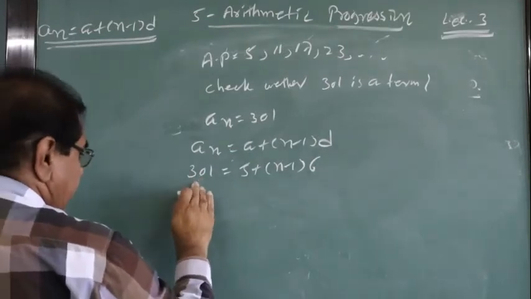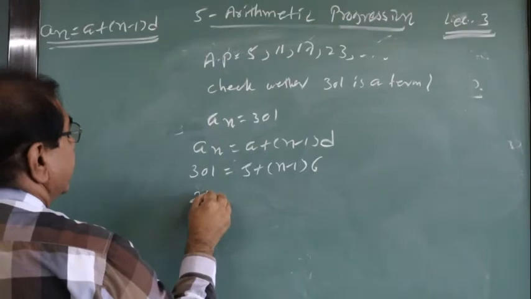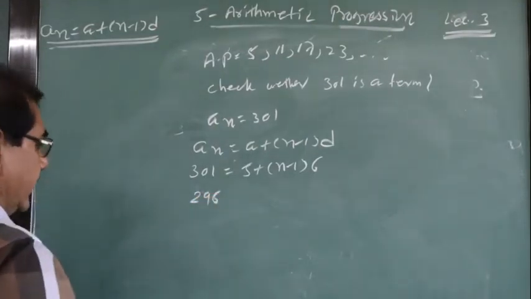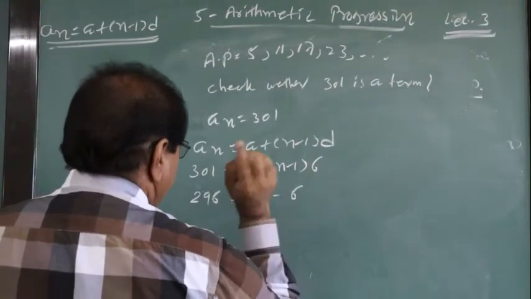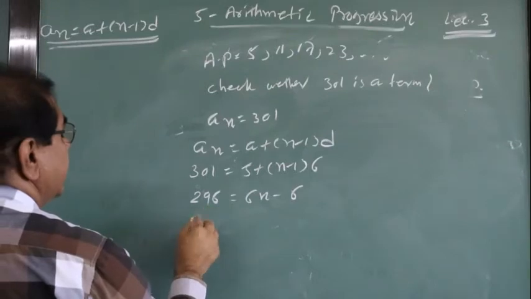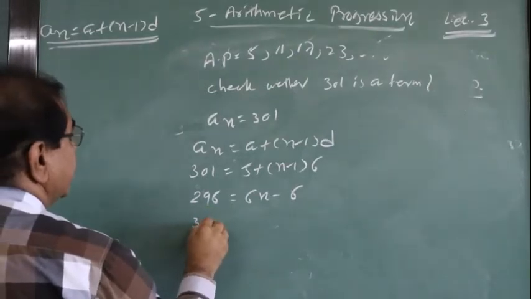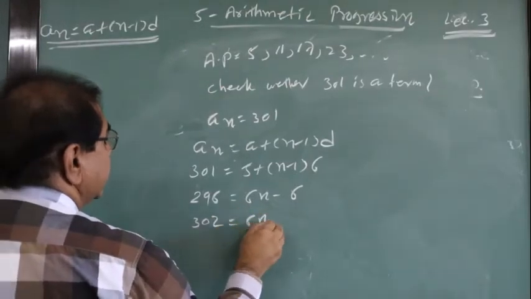So 301 minus 5, how much is it? 296 is equal to 6n minus 6. Minus 6 comes to the other side and becomes plus. So 296 plus 6 is 302 is equal to 6n.